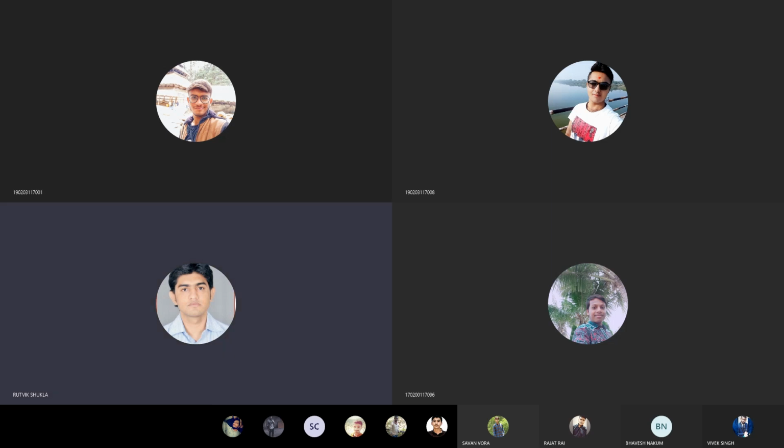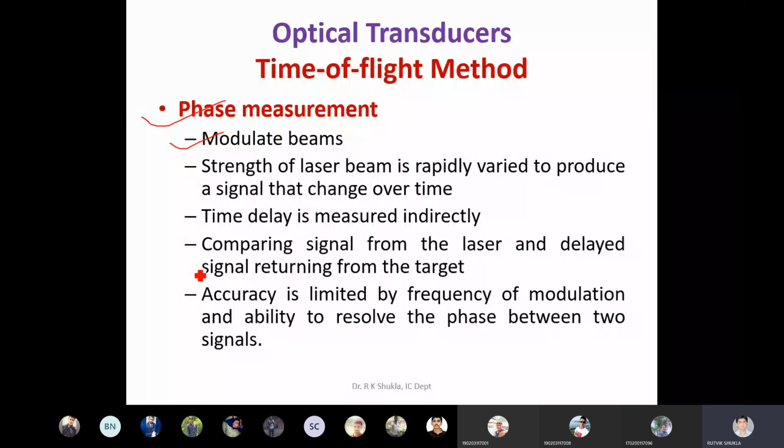Discussion where we are looking at this phase measurement, where you are generating a modulating beam, and by measuring the time delay or the phase difference between the transmitted and the reflected wave, you can comment on the distance or the displacement.